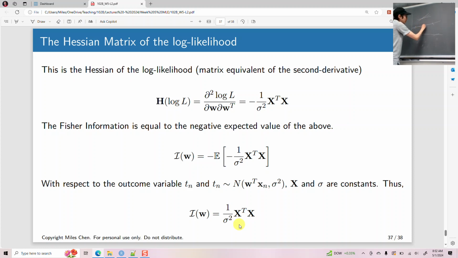How much can my slope vary? It's not as much as when the x values are all bunched together. And that's reflected in here. Actually, the magnitude of x itself matters because that also plays a role in your intercept and things like that.